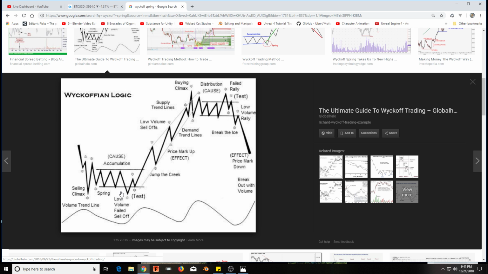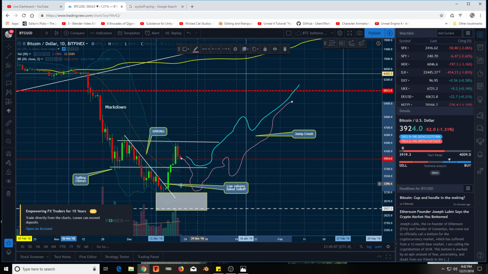Failure, that's like the secondary bottom, right here. And then you have all these other things like jump across the creek and price markup. Take a look at Wyckoff. It's actually pretty interesting stuff, and it gets into the psychology. Very, very interesting. But going back, you see how I have that there.